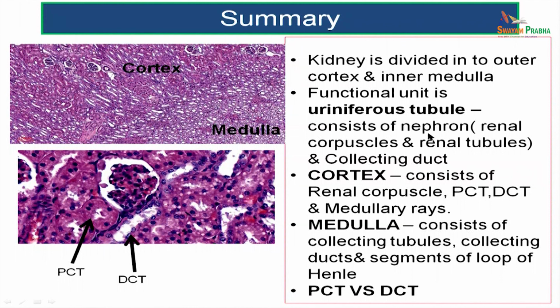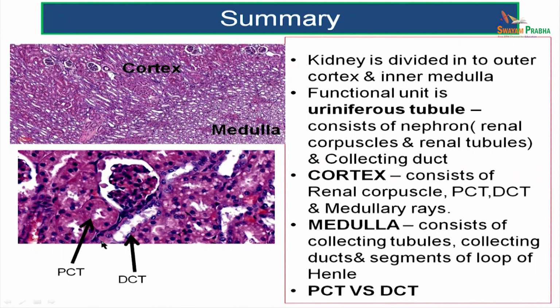Nephron is nothing but renal corpuscles and renal tubules. The cortex consists of renal corpuscle, proximal convoluted tubule, distal convoluted tubule and medullary rays. The medulla consists of collecting tubules, collecting ducts and segments of loop of Henle.